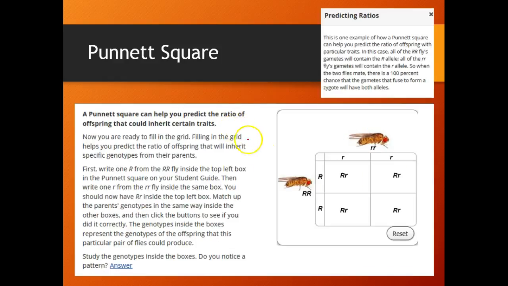So next, since we have the sides, remember we separated them. Once we have the sides completed, we can now fill out the Punnett square. And how you fill it out is you basically take whatever you have right here, the top, and you're going to go ahead and distribute it across.